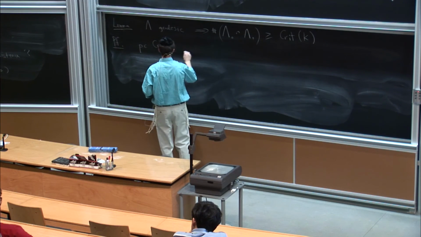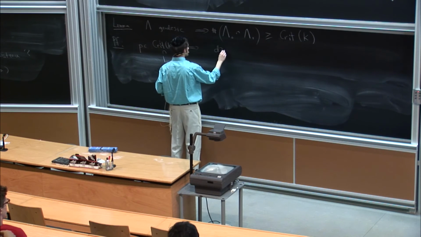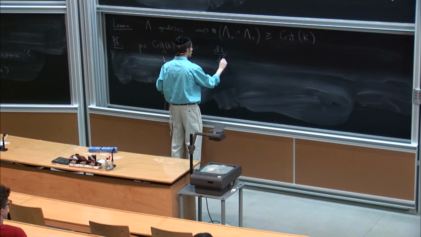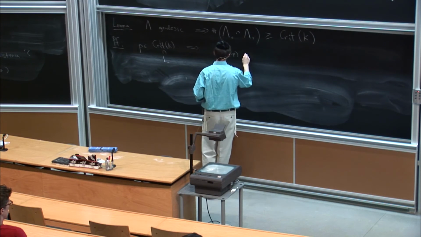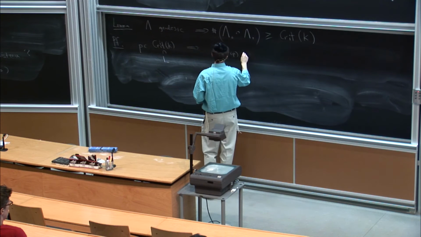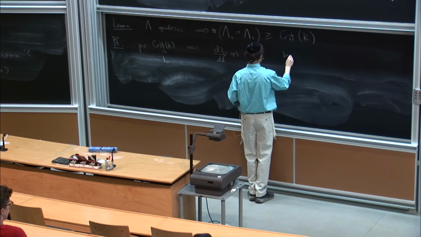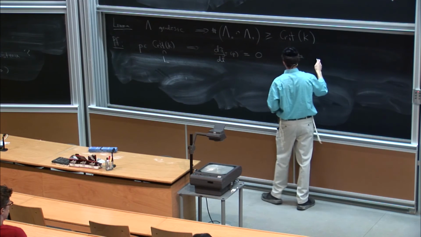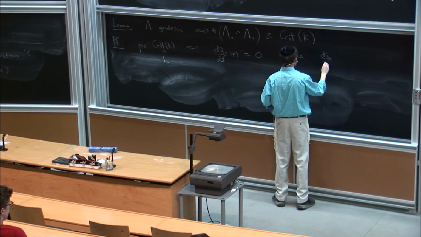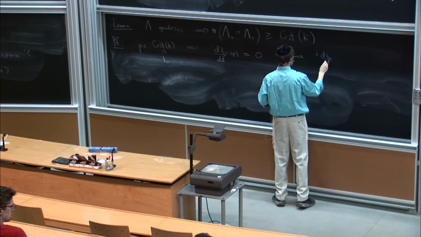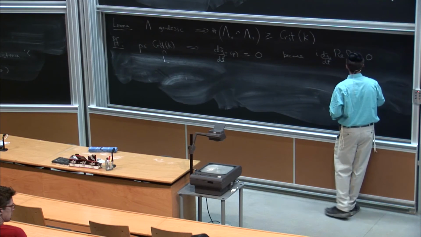Then we have dg tilde/dt of p is going to have to be 0, because we know that dg tilde/dt, when I contract it with the real part of omega, is 0.